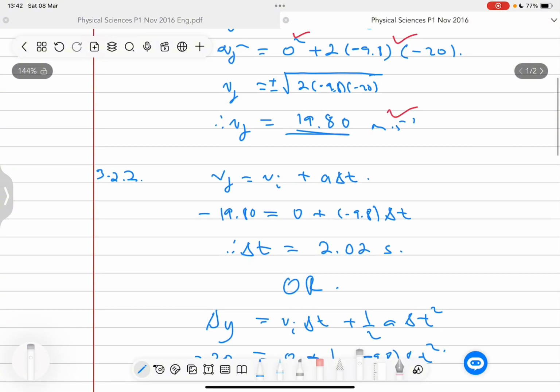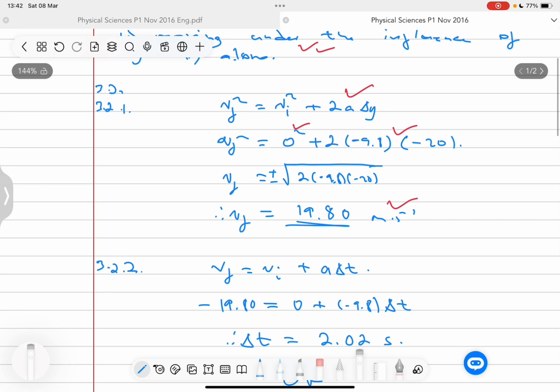But the 19.80 is a number that we calculated in the previous question. That means if we made an error in the previous question, we will continue with a wrong answer here, and we risk losing full marks. Even if they do positive marking, you are not going to get full marks.